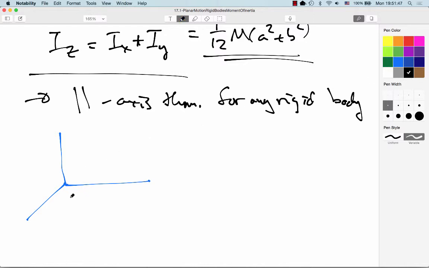I'm imagining some sort of blobby thing like that, maybe. I'm going to try to get some 3D effect here, but that's about as good as I can do. All right, so let's say we know the center of mass, and it is located right here.